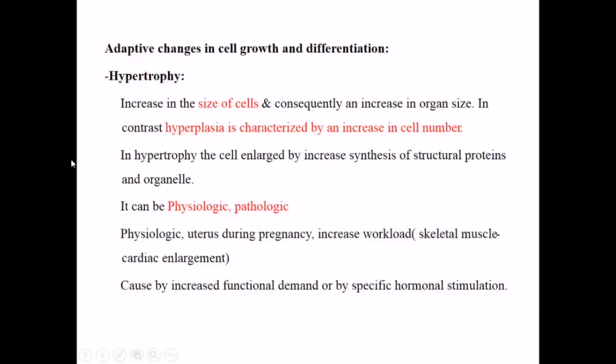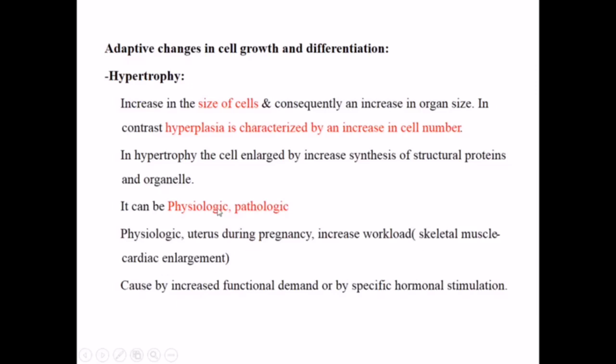Hypertrophy is an increase in size of cells and consequently an increase in organ size. This is in contrast to hyperplasia, which is characterized by an increase in cell number. In hypertrophy, the cell is enlarged by increased synthesis of structural protein and organelles.